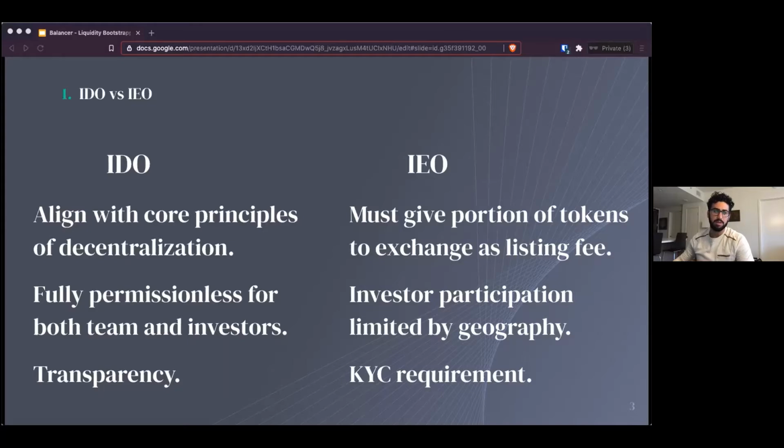So it's expensive to do that. And you have limitations on who can participate because centralized exchanges are usually not available in all geographies. And there are roadblocks that might prevent some of your community members from getting involved.